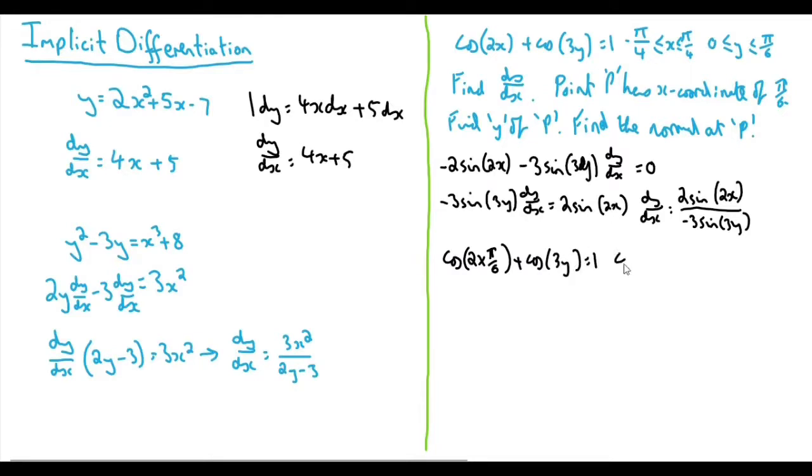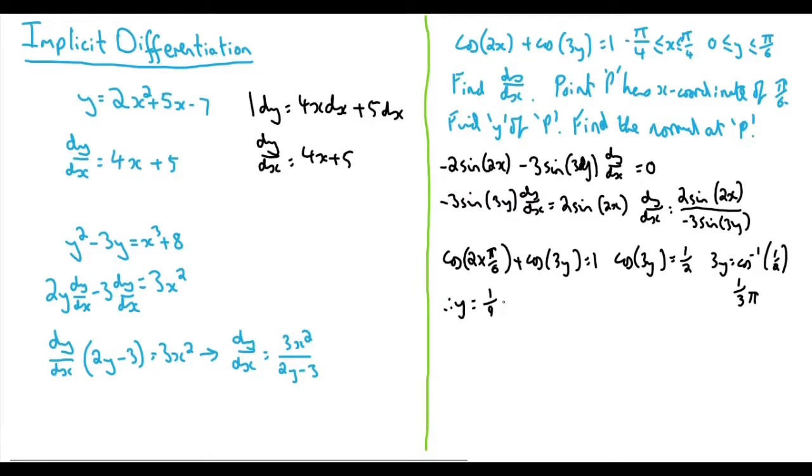Rearranging, we're going to get that cos of 3y will equal a half. So 3y will equal the cos inverse of a half, which would be a third pi. Therefore, y will equal a ninth pi, which is indeed within the range of y values we were looking for.